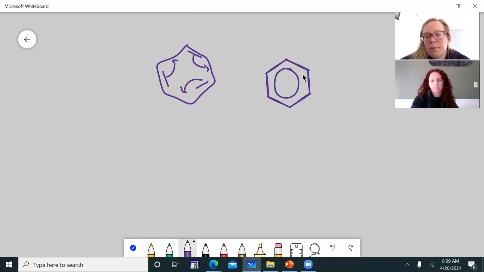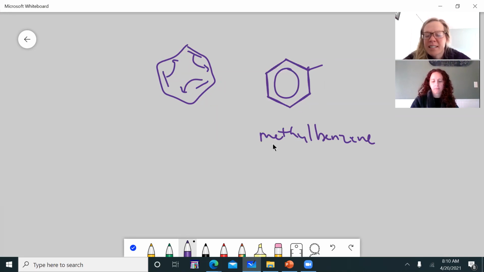If I was to have an accessory like this, we could call this methyl benzene. We don't need to call it 1-methylbenzene because we assume that that is carbon 1. So it follows similar rules to what you were using for your cycloalkanes.